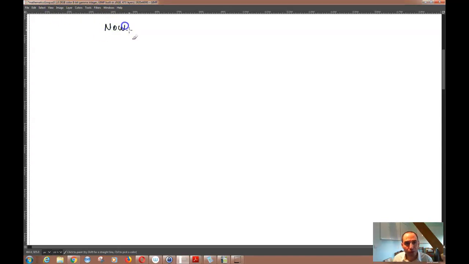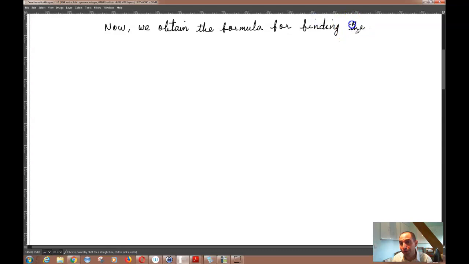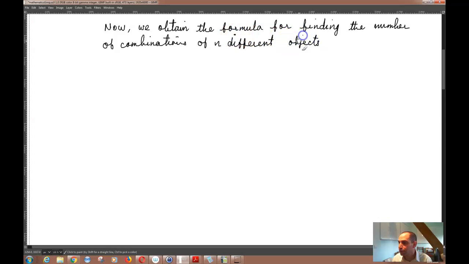So now what we want to do is obtain the formula for finding the number of combinations of n different objects taken r at a time, and we denote that by n combination r.